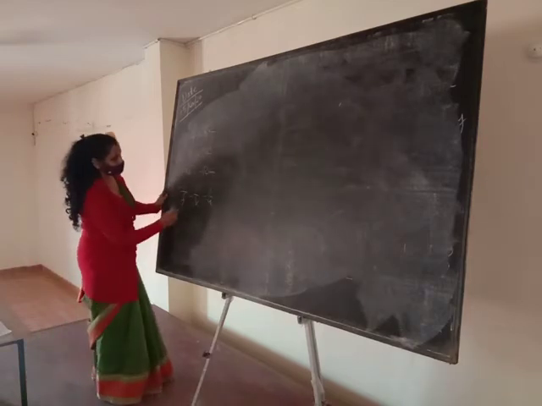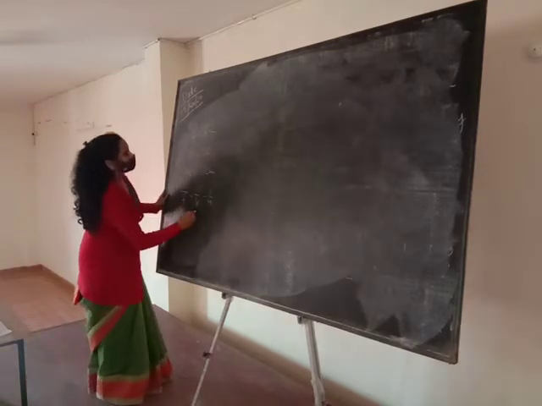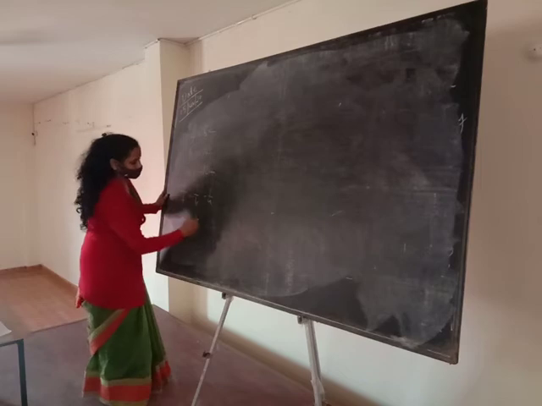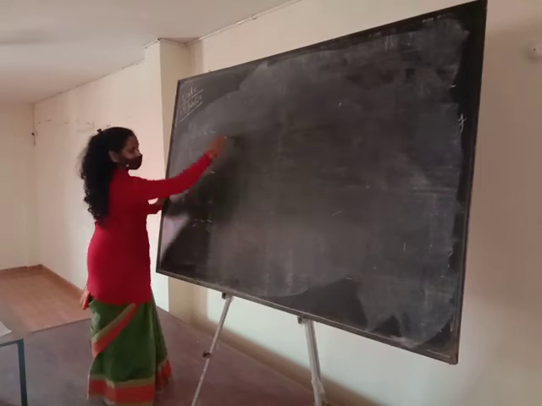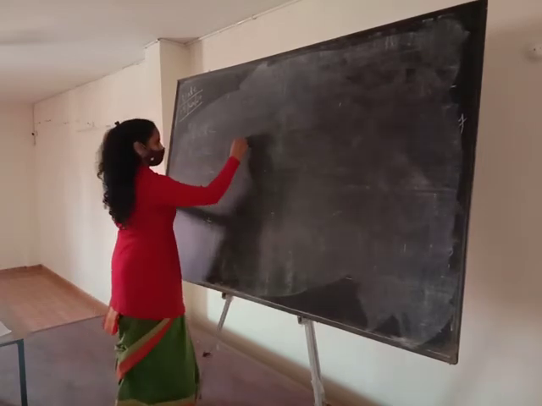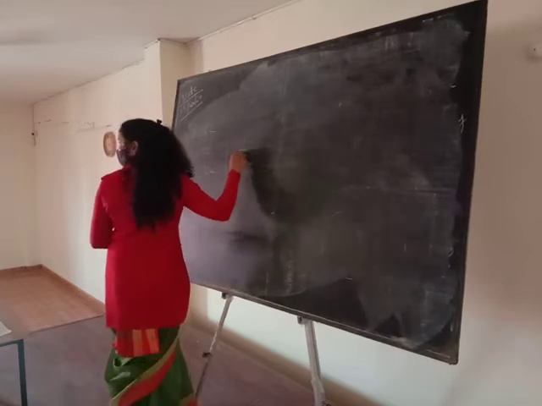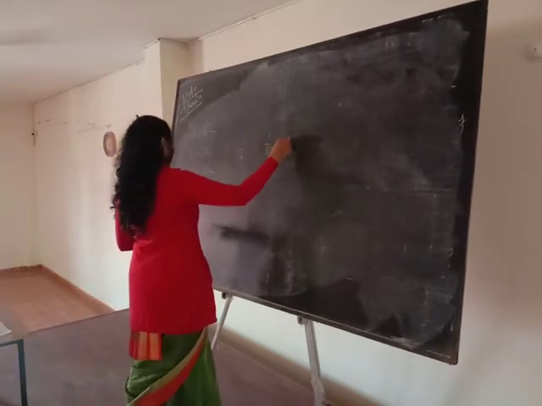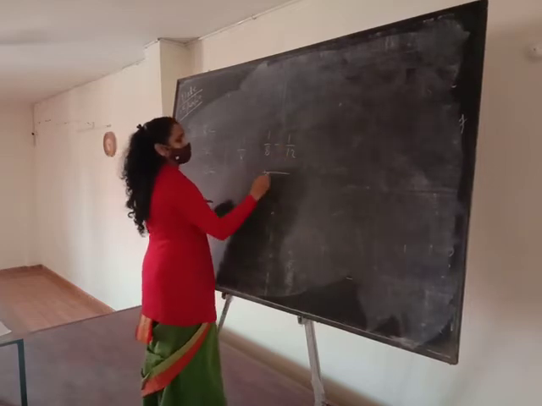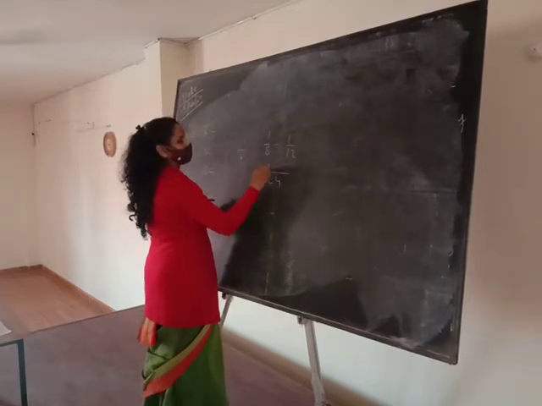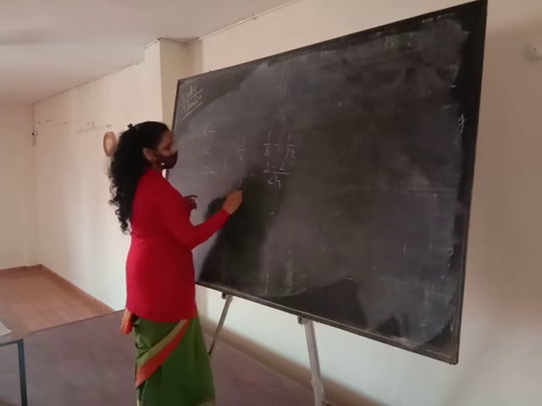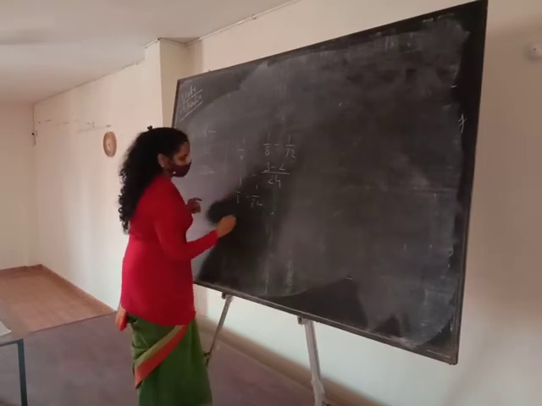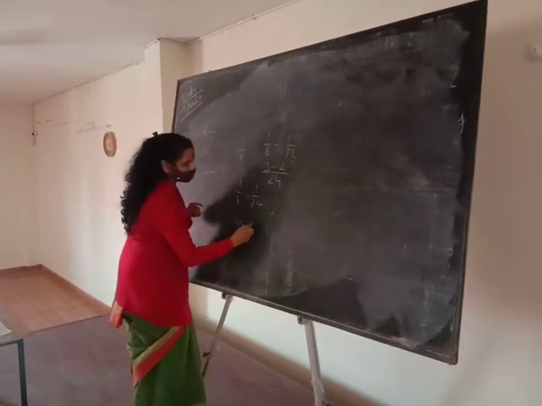Now 1 upon 8 is equal to 1 upon v minus minus plus 1 upon 12. Okay. 1 upon v is equal to 1 upon 24, so v is equal to 24 centimeter.